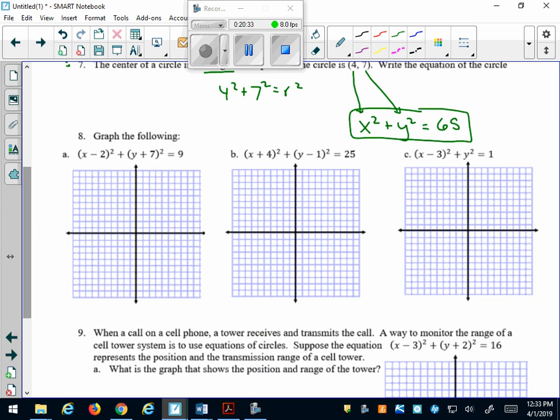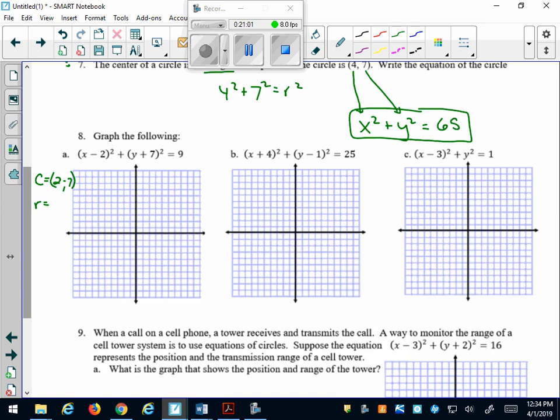Okay, so last thing here is to graph the circle. Graphing the circle is basically the same skill, and then putting it on the coordinate plane. The important thing is that you can identify where the center is and what the radius is. So what is the center of 8-part A? 2, -7.